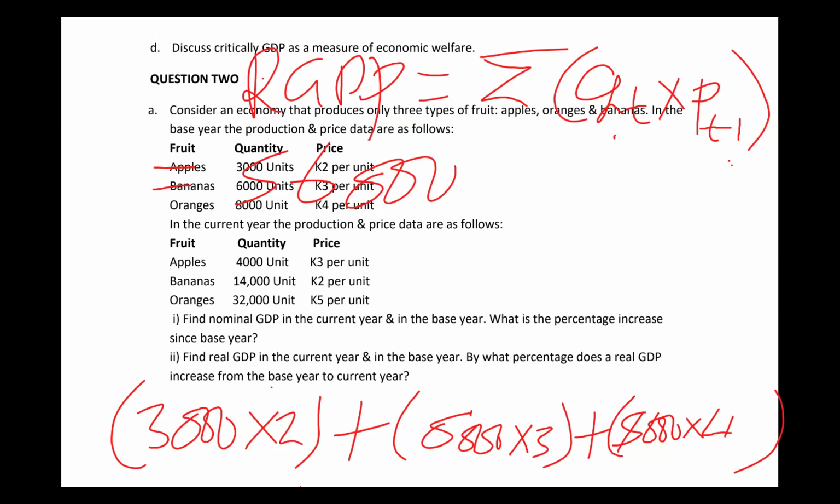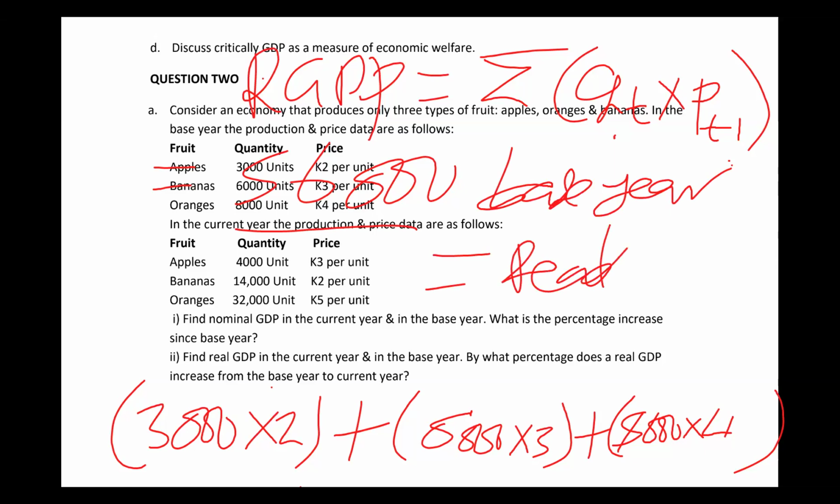Anyway, the other important notice to make is that the nominal GDP in the base year is equal to the real GDP in the base year. Have you noticed that? The nominal GDP of the base year and the real GDP of the base year are just the same.